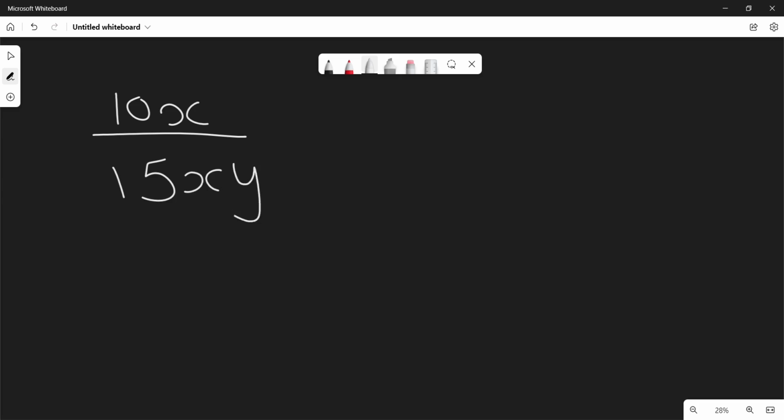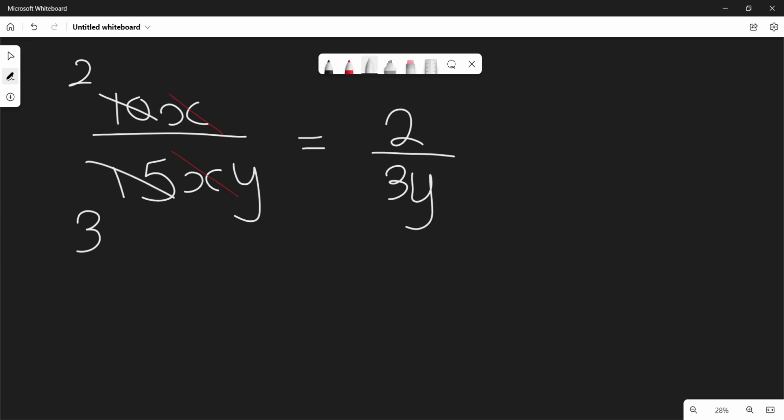Straightforward, we see that the x can cancel. After that, we can reduce 10 and 15, because 5 into 10 is 2, 5 into 15 is 3, right? So I'll be left with 2 over 3y, right?